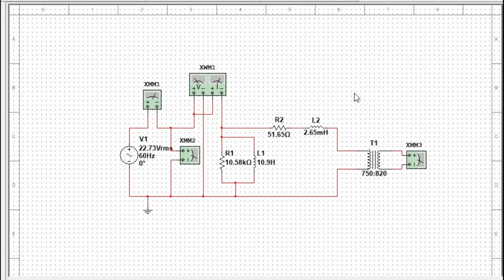Okay, this is the circuit where I already put the values of R2 and L2, and also the voltage that we got previously from calculation, 22.73 volts. We are going to run the simulation.